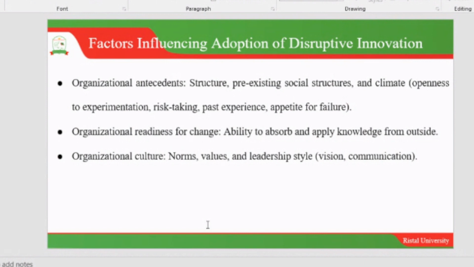Then if it is an organization that values innovation, it will always be open to allow this disruptive innovation in it.